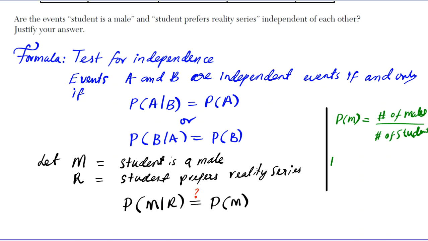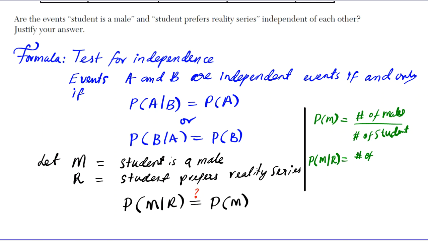Okay? Probability that a student is male, given that the student prefers reality series, we're just going to look at the number of male students that like reality series divided by the total number of males. All right, let's move it to the right a little bit to make some space.